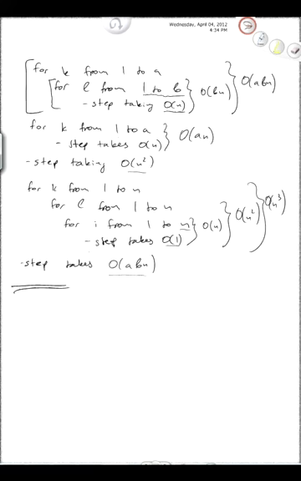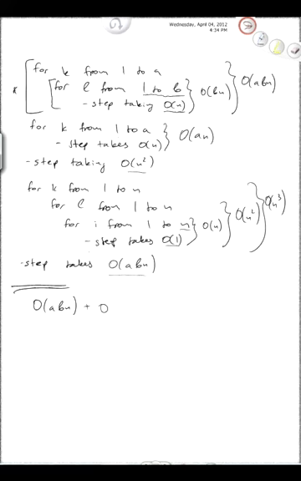So now that I've figured out the running time of all of these for loops, I need to figure out the runtime of the program as a whole, which means I need to add up all of the running times here of all of the sequential steps. So the first step is to add the O of A, B, N that came from this doubly nested for loop.